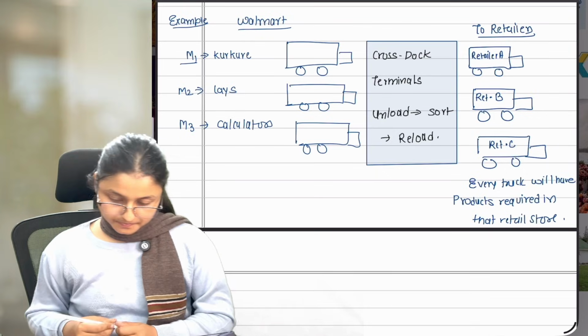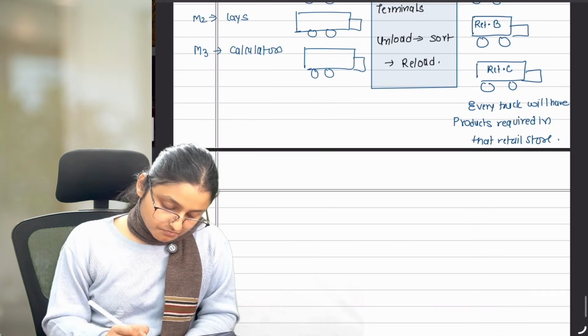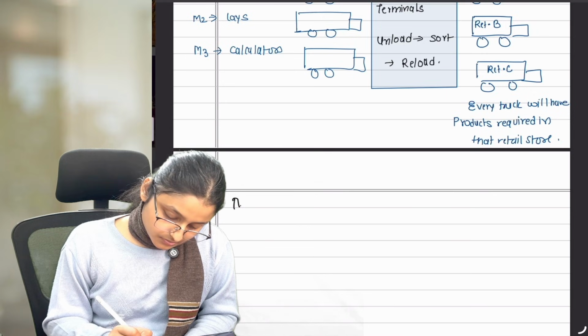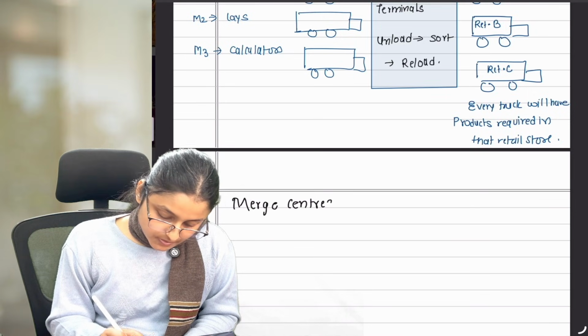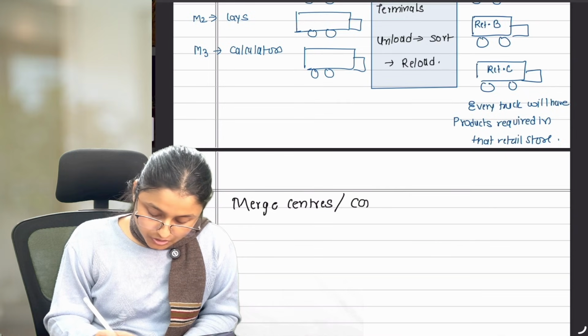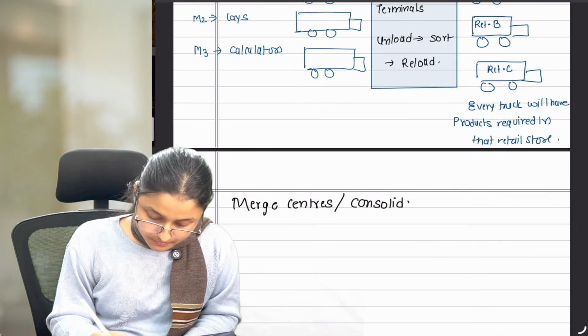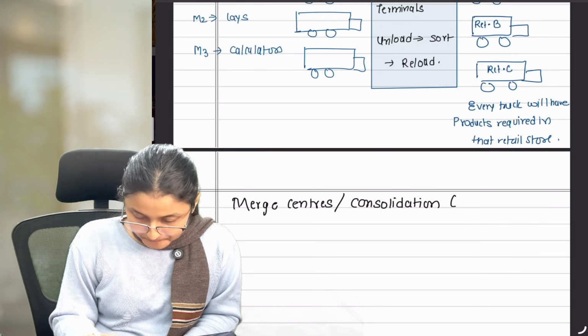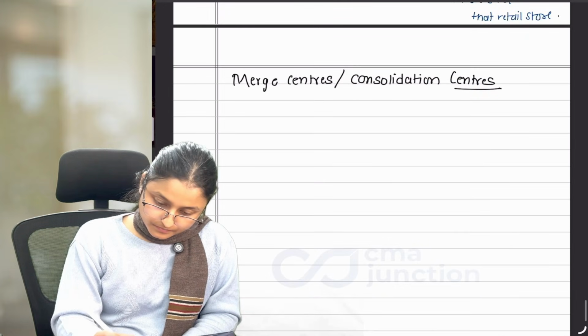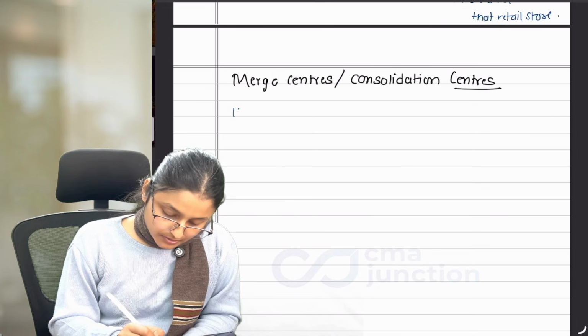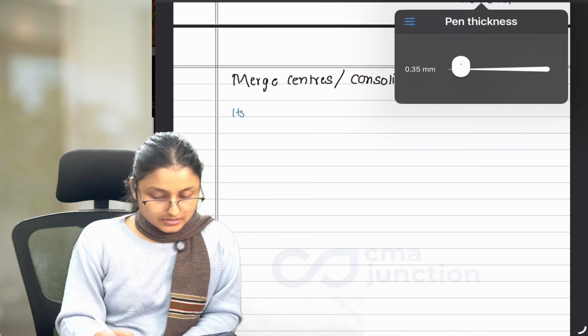Done. Next is merge centers. Merge centers are also known as consolidation centers. What are they? They are also a place.